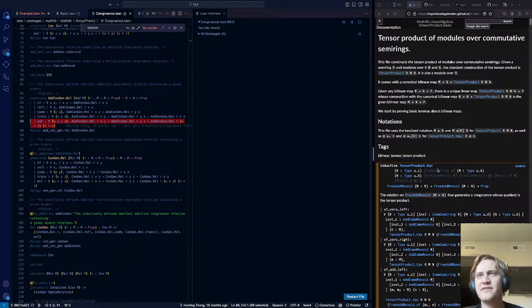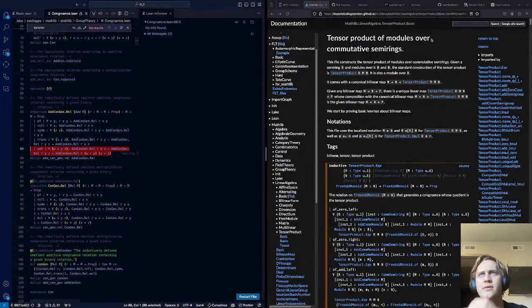If I were to remove add, do we have a definition somewhere in the library of a transitive closure?